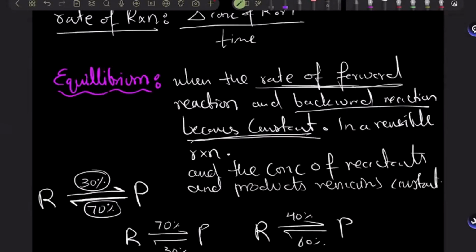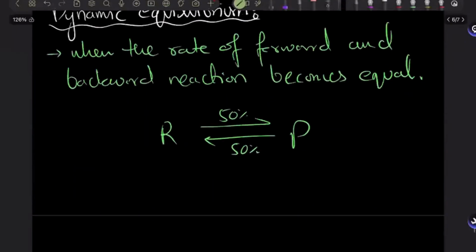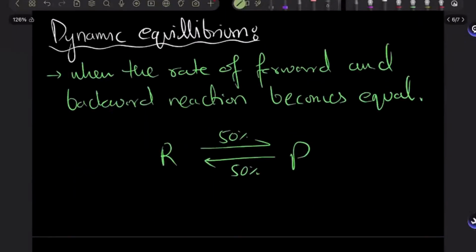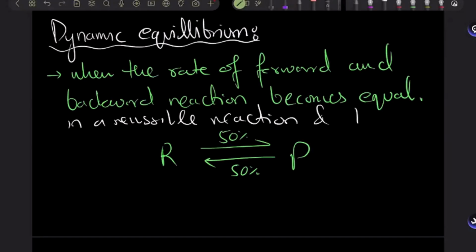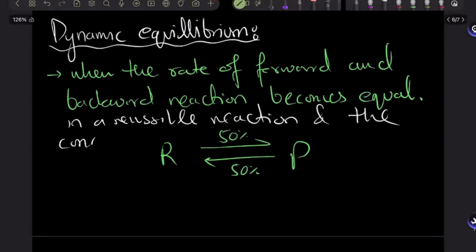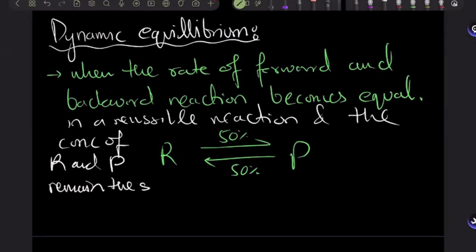That does not change. All right, so you need to add this. So let's go to dynamic equilibrium. We said that when the rate of forward reaction and backward reaction becomes equal in a reversible reaction, and the concentration of reactants and products remains the same. That does not change.